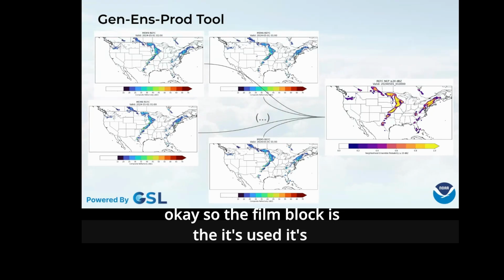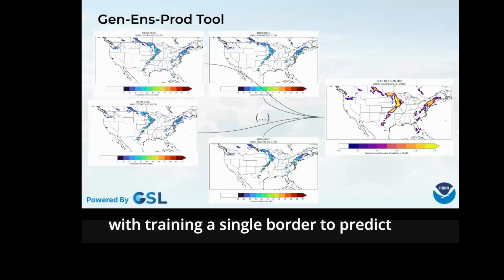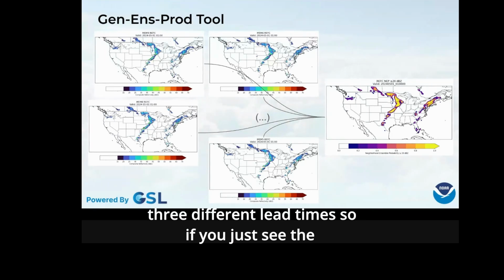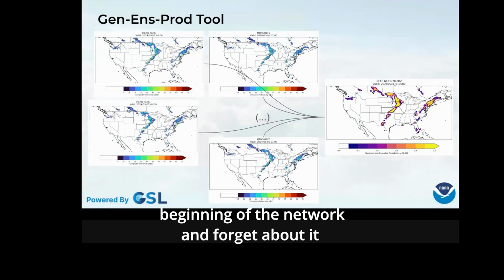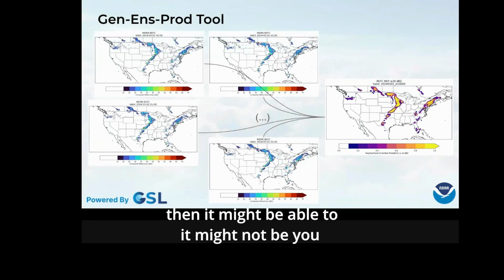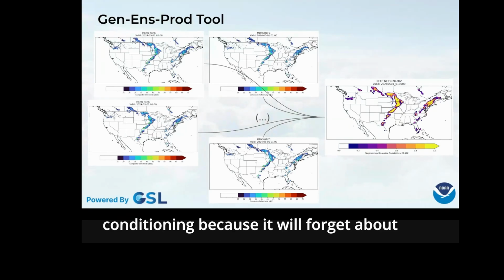Thanks, Daniel. Okay, so the FiLM block is used for time conditioning. Typically, we're training a single model to predict 3 different lead times. If you just feed the lead time information at the beginning of the network and forget about it, the network might not condition its output on the time, because it will forget about it.